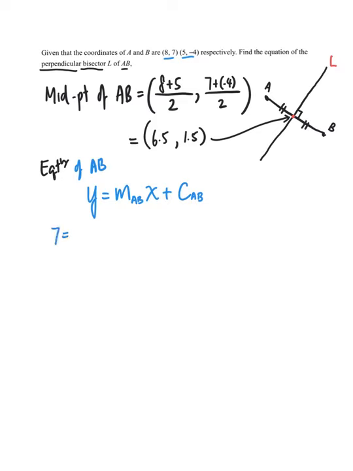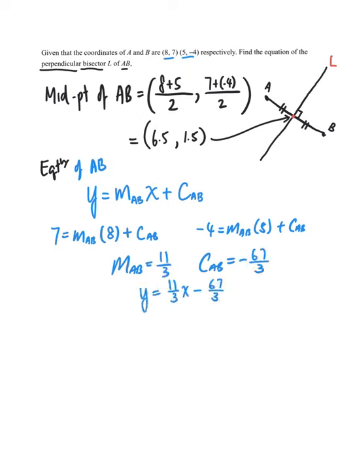7 equals m of AB with the x value set as 8 in this case. So that's the first equation, and then the second equation is with the x value being 5. You will get the m and c values from your calculator.